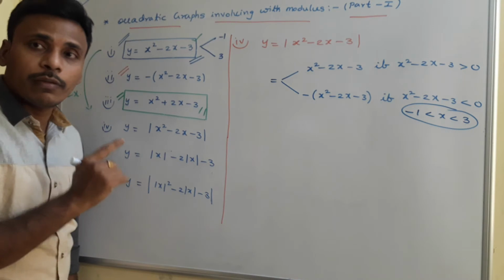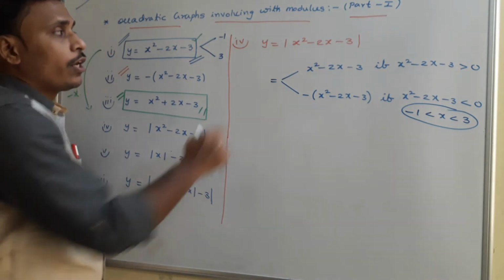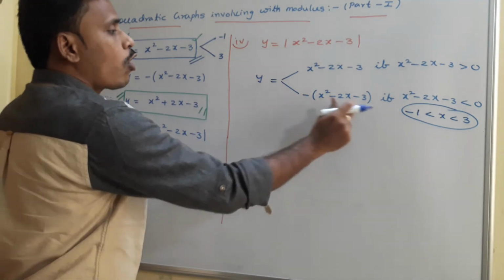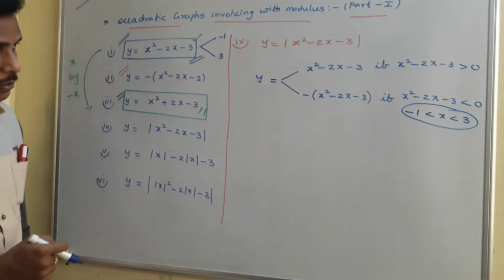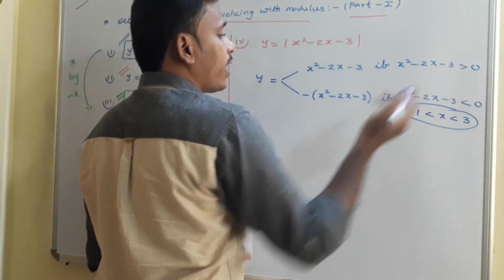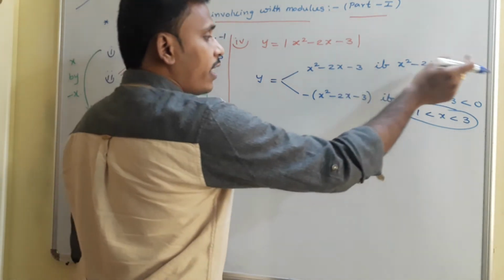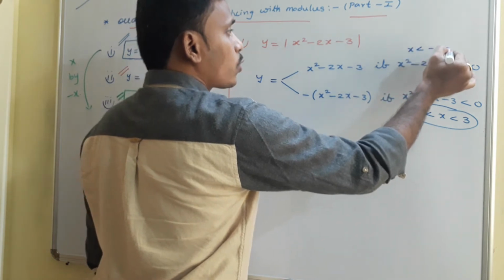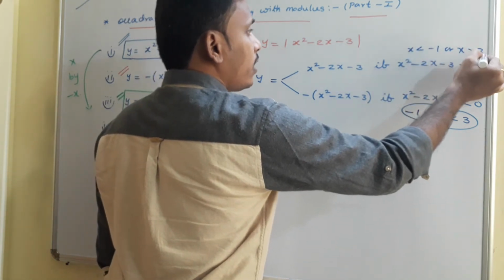If x is in between minus 1 and 3, you need to think about y as minus of x square minus 2x minus 3. As well, x square minus 2x minus 3 is greater than 0 if x is less than minus 1 or x is greater than 3.